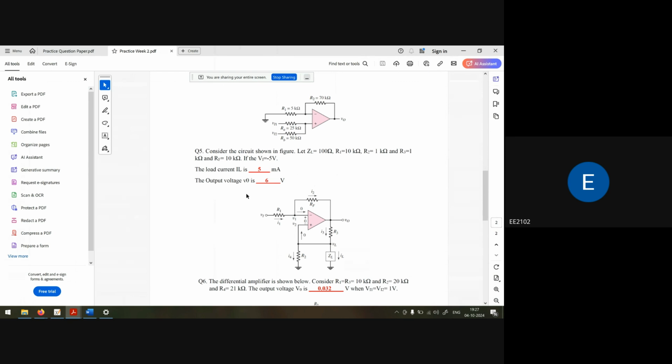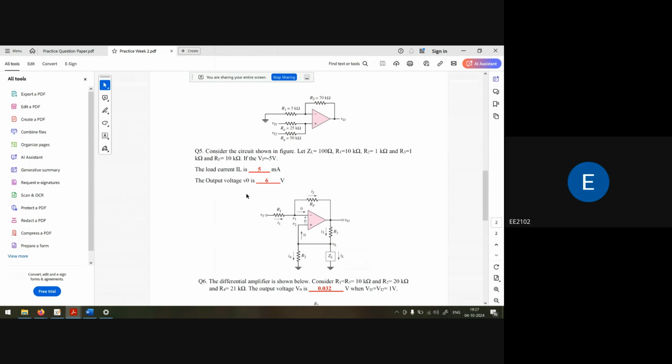So can you calculate the voltage? Yes, can you calculate the voltage? Yes, sir.